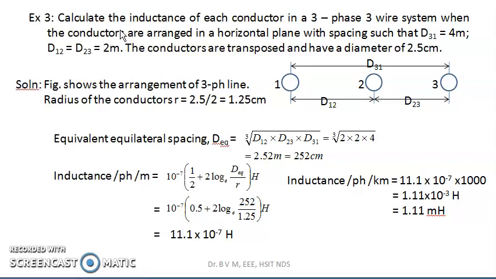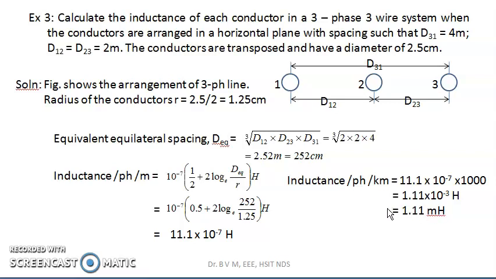What has been asked is the inductance per kilometer. So you multiply this, 11.1 into 10 raised to minus 7, into 1000. After calculation, we get 1.11 millihenry.